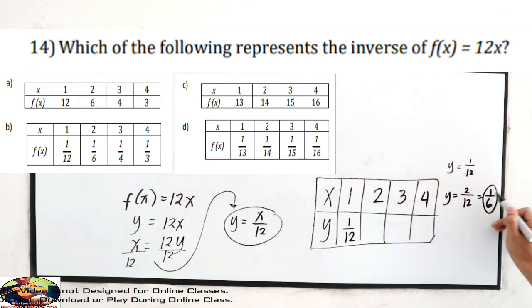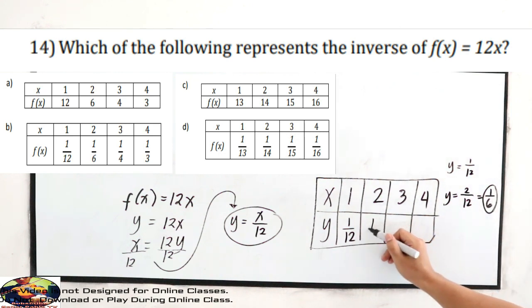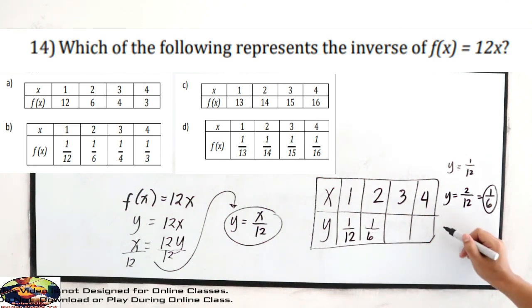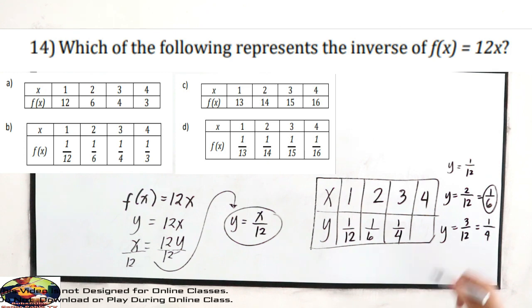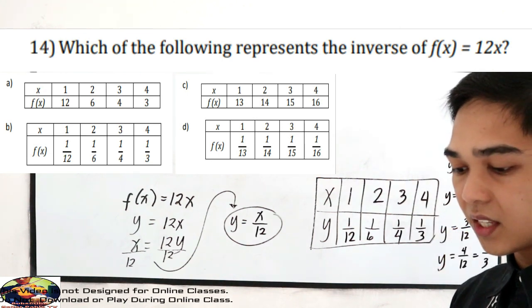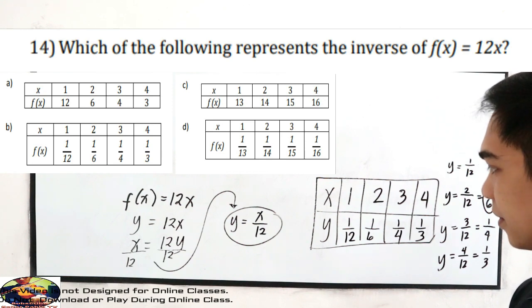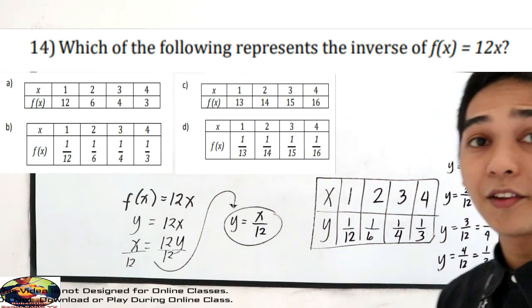Divided by 2, so that is 1; 12 divided by 2, that is 6. So 1 over 6. If x is 3, we have 3 over 12. 3 divided by 3, that is 1; 12 divided by 3, that is 4. So 1 over 4. And if x is 4, we have 4 over 12. So this is 1 over 3. So number 14 is letter B.